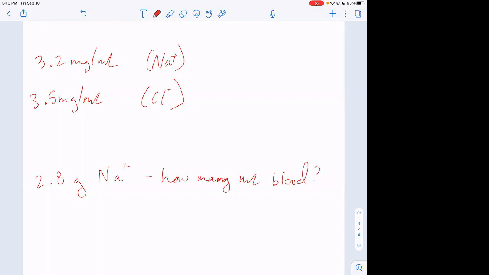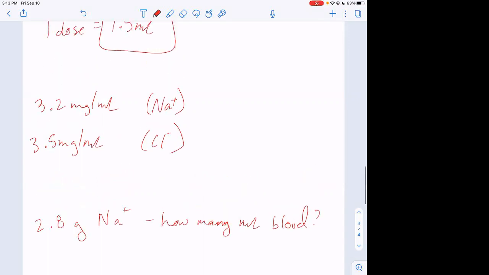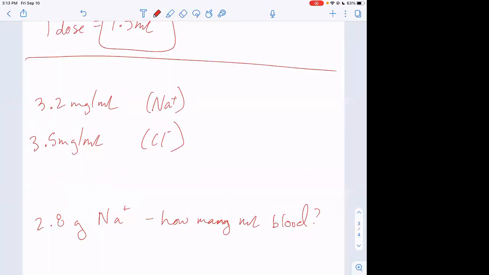Okay, here's the question. Which problem is this on the homework? Question 3.9.